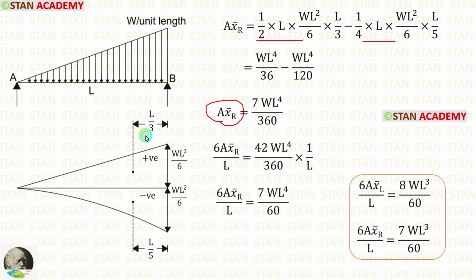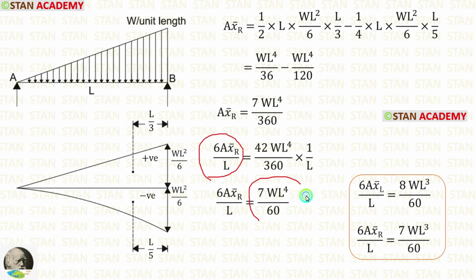For the triangle, the centroid is L by 3. For the parabola, the centroid to the right is L by 5. After the simplification, we are getting 7WL power 4 upon 360. Now let us calculate 6A X bar right upon L. Finally, we are getting 7WL power 4 by 60.